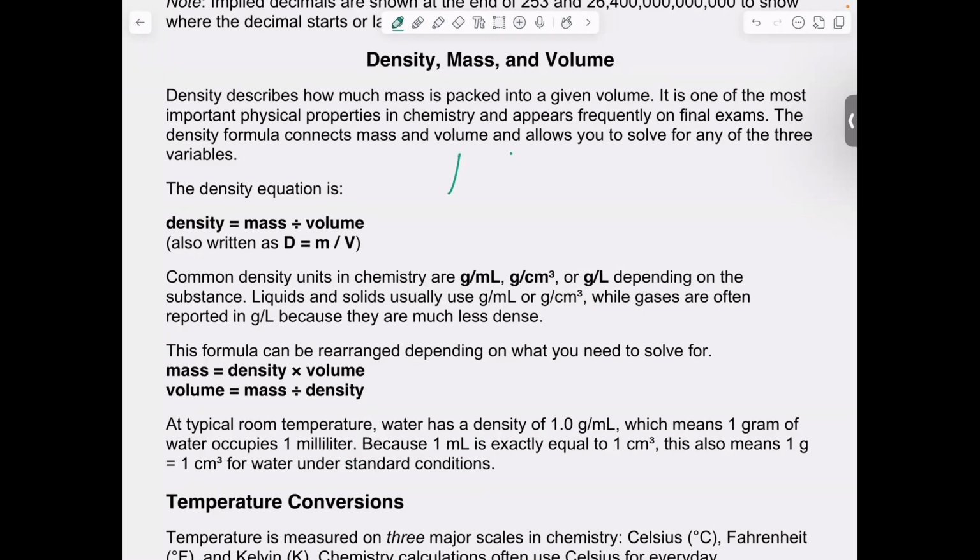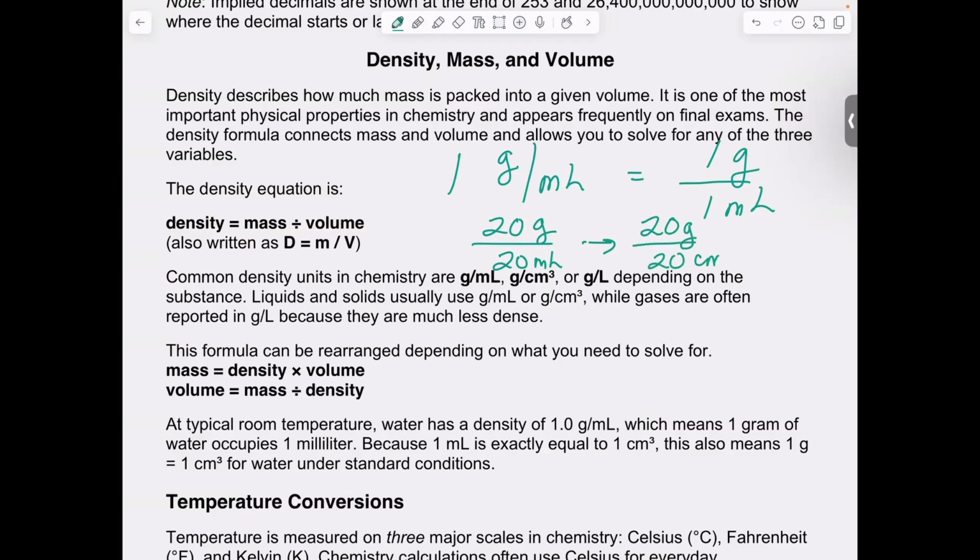So if I have 1 gram per milliliter, right, so 1-to-1 ratio, that means I have 1 gram per 1 mil of, in this case, water at room temperature. And so if I have 20 grams of water, I know it's 20 mils of water to keep that 1-to-1 ratio. And, to sort of drive things home, I know I have 20 centimeters cubed.